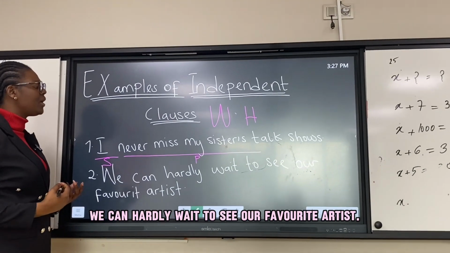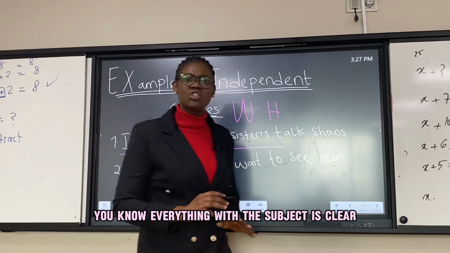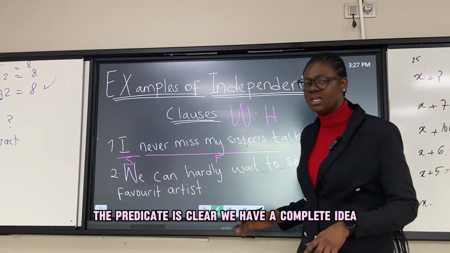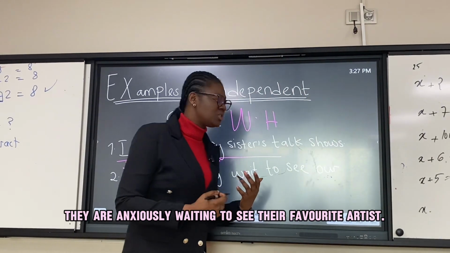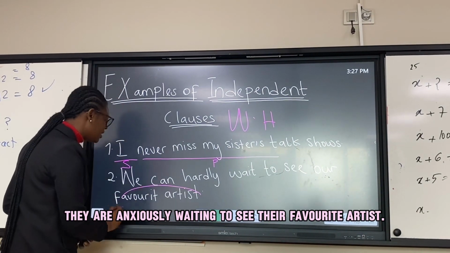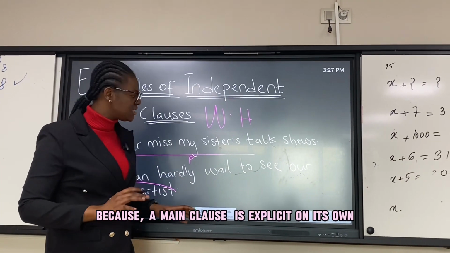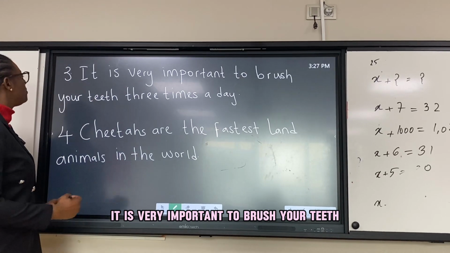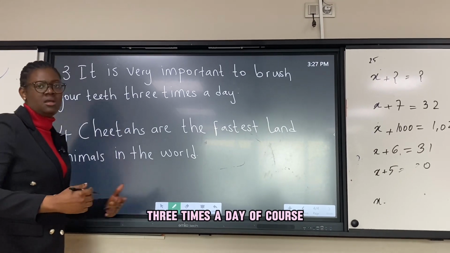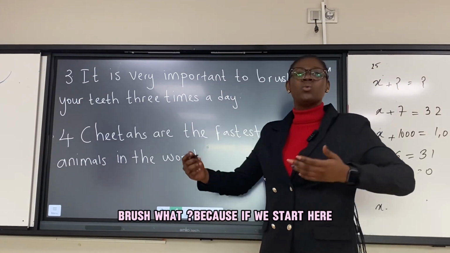"We can hardly wait to see our favorite artist." Everything with the subject is clear, the predicate is clear. We have a complete idea. They are anxiously waiting to see their favorite artist. It makes it a main clause because a main clause is explicit on its own. "It is very important to brush your teeth 3 times a day." Just imagine we say, "It is very important to brush." Brush what?